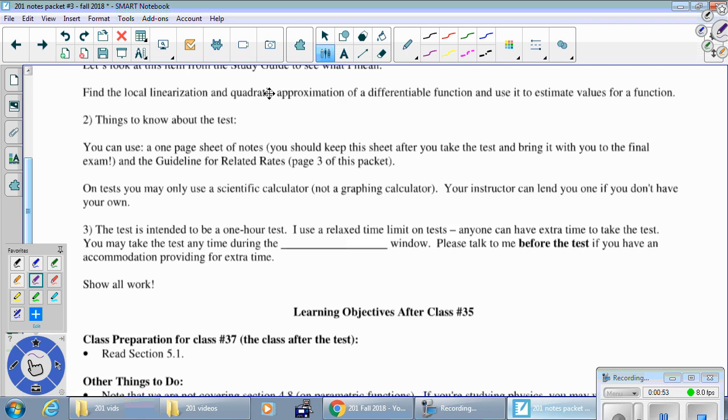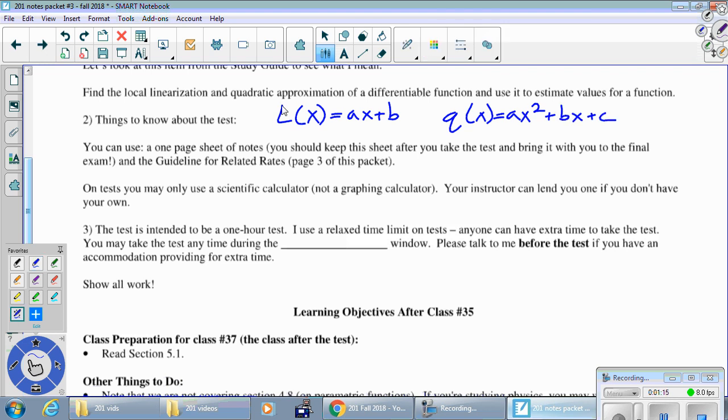But at some point, hopefully you get to the place where you understand, oh, this is the kind of problem where we're given a particular function and we are trying to approximate that function with a linear thing of the form ax plus b, or a quadratic thing of the form ax squared plus bx plus c.